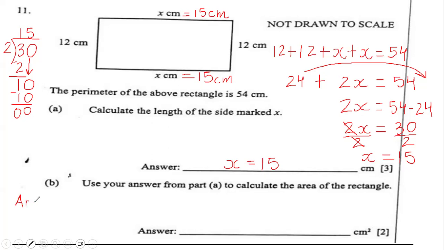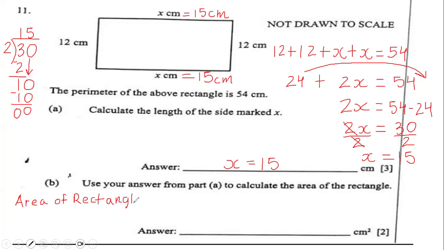So that means that we're trying to find the area of the rectangle. What we need to do is multiply the length of this thing by its width.